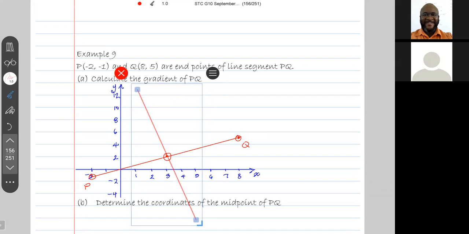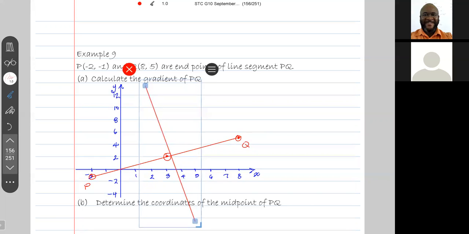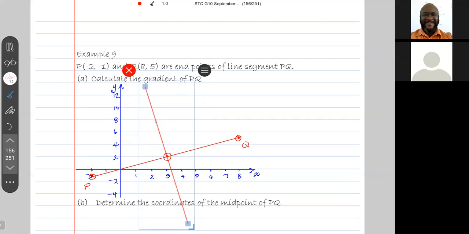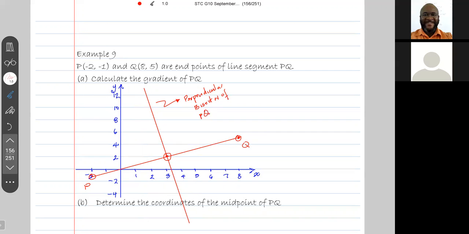The two sort of look like they're at right angles to each other. This now would be the perpendicular bisector of PQ. This is an illustration.